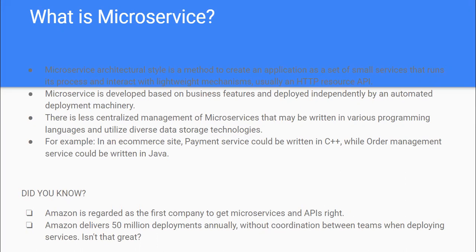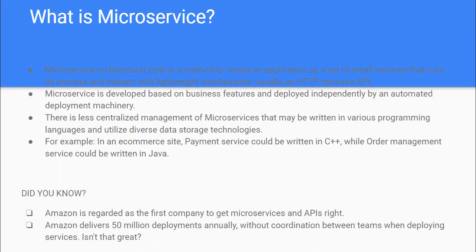So what is a microservice? Microservices architecture style is a method to create an application as a set of small services that runs its process and interact with lightweight mechanism, usually an HTTP resource API.